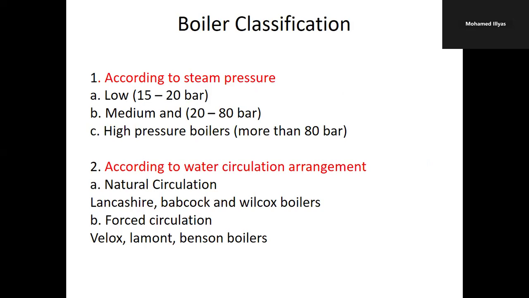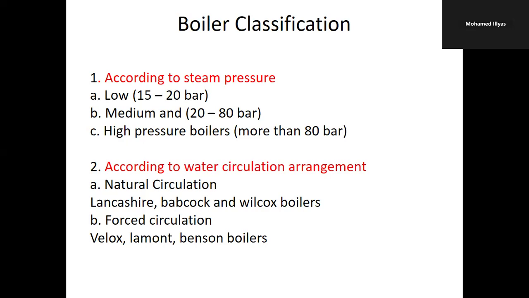So we are going to see various types of boilers which are used in the thermal power plants. If we consider boilers, basically we can classify the boilers based on the steam pressure. Generally, boilers which are used in the thermal power plants will deliver with elevated pressure.